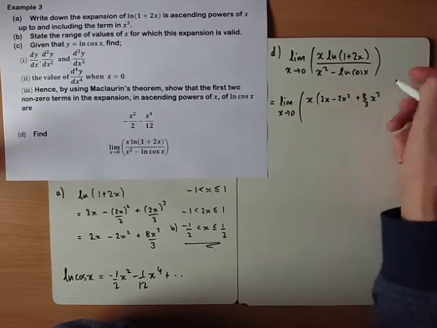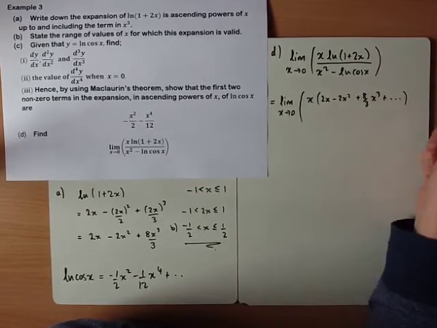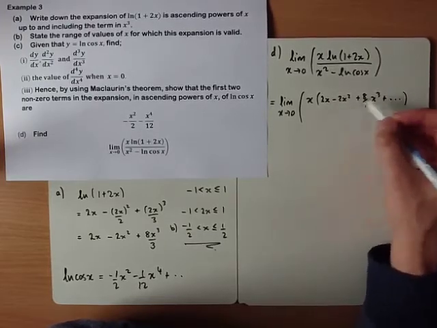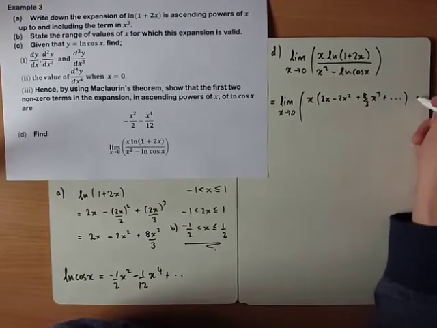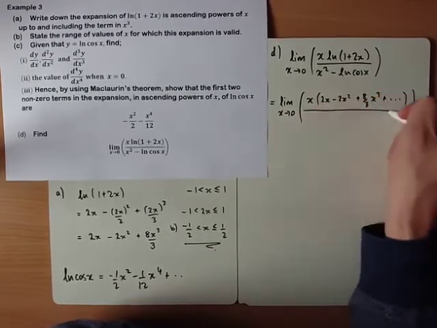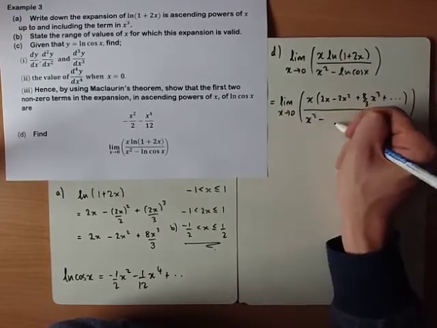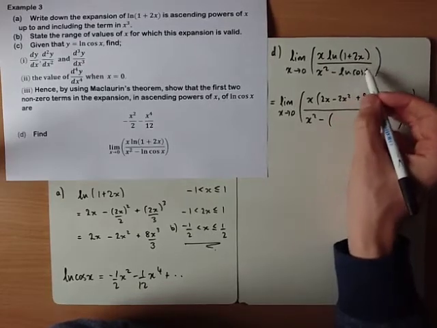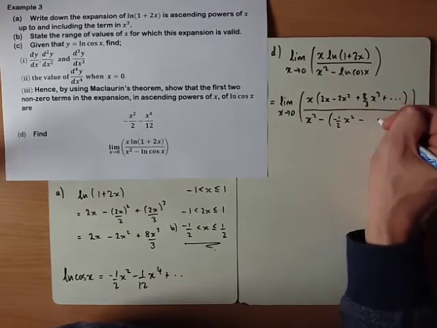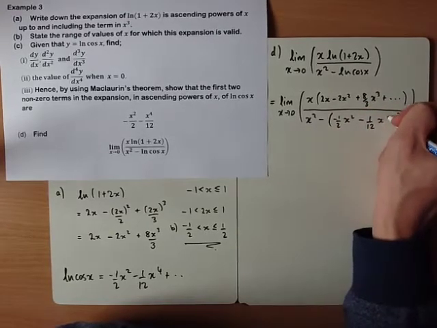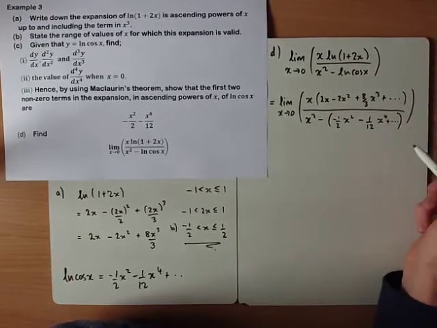I always like to write plus dot dot dot just to illustrate that I know this is an infinite expansion. Once we've cancelled, all those other terms would also disappear as x tends to 0, but it's good practice to show that you know there's more terms in this expansion. Then we've got x squared minus, use a bracket, ln cos x, which we can write as minus a half x squared minus 1 over 12 x to the 4 plus dot dot dot again, because there are more terms here, but they're all going to cancel.